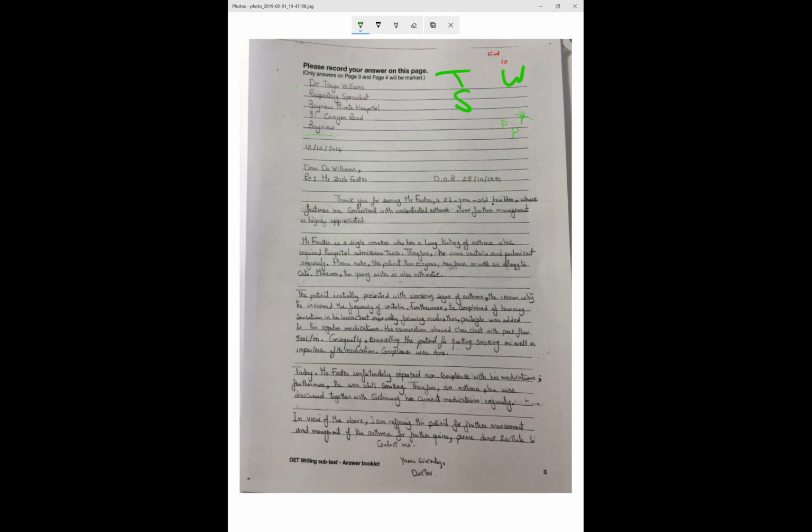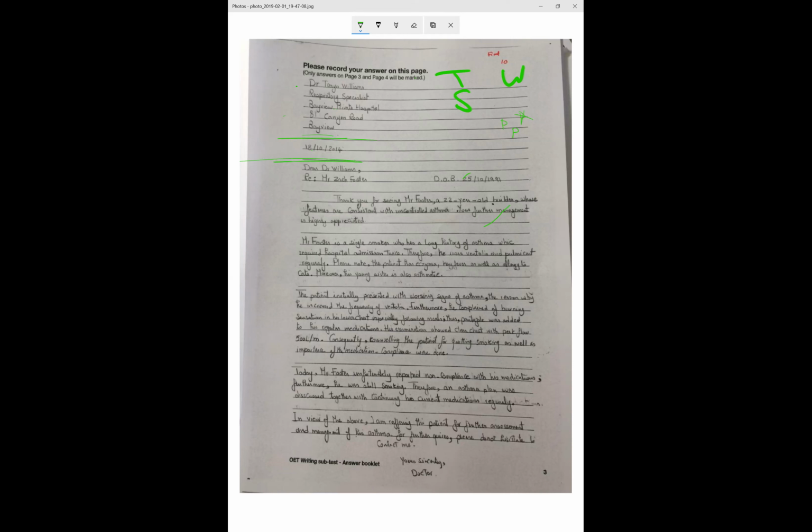Then we will leave a blank and write the date. The date will be written completely like this: the date of the visit, the date of your exam. Then you will leave a line.